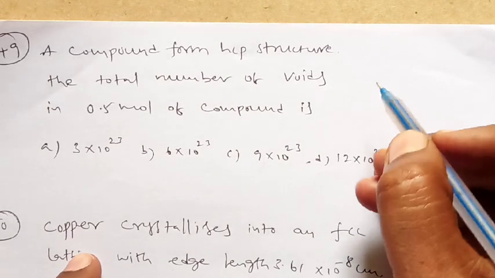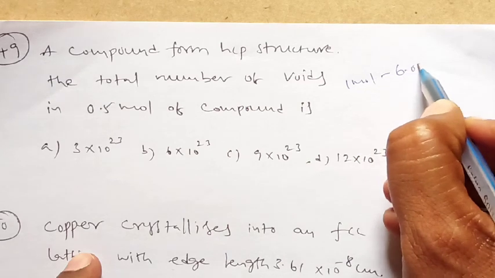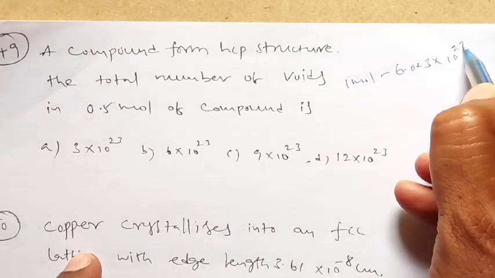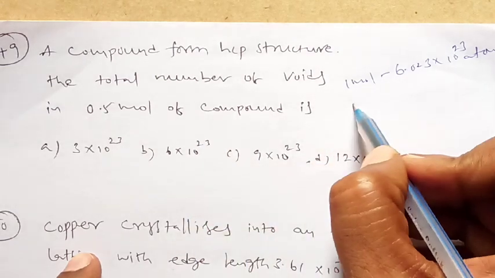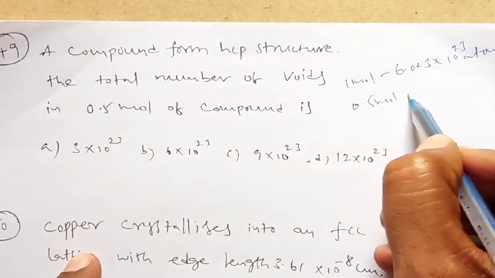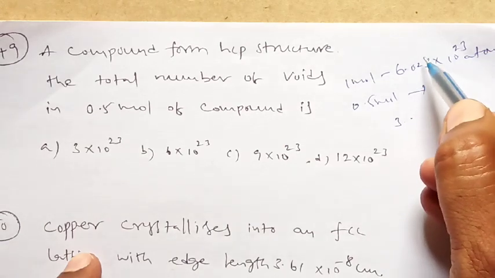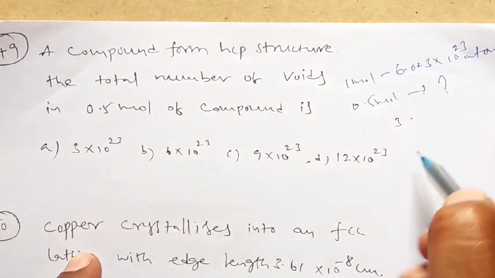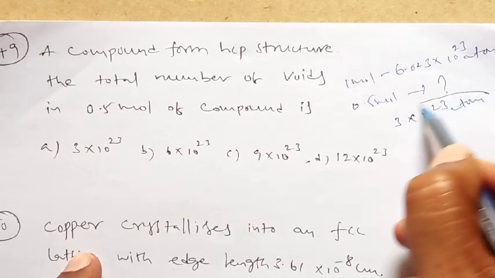So you know 1 mole of any substance contains 6.023 into 10 power 23 atoms. Now here what is given? 0.5 mole, nothing but how many? 3.3 something. If you consider significant figures, it is 3 into 10 power 23 atoms. Is it okay?